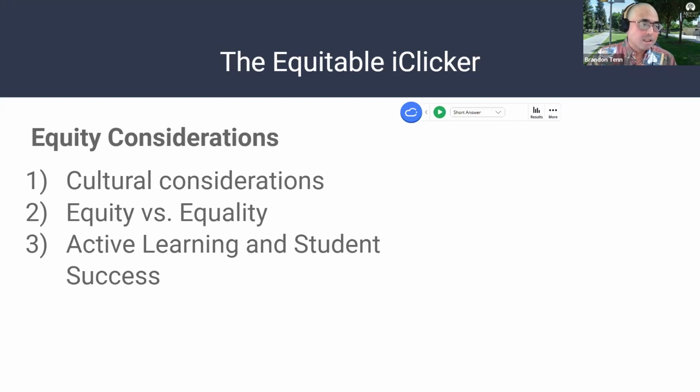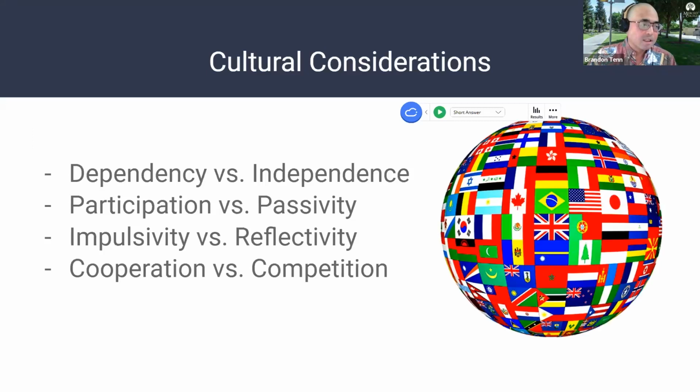And so some cultural considerations that we need to take into account are that students come from different types of cultures. Some stress independence, others interdependency, a dependence on others. Some cultures encourage participation in large group environments.